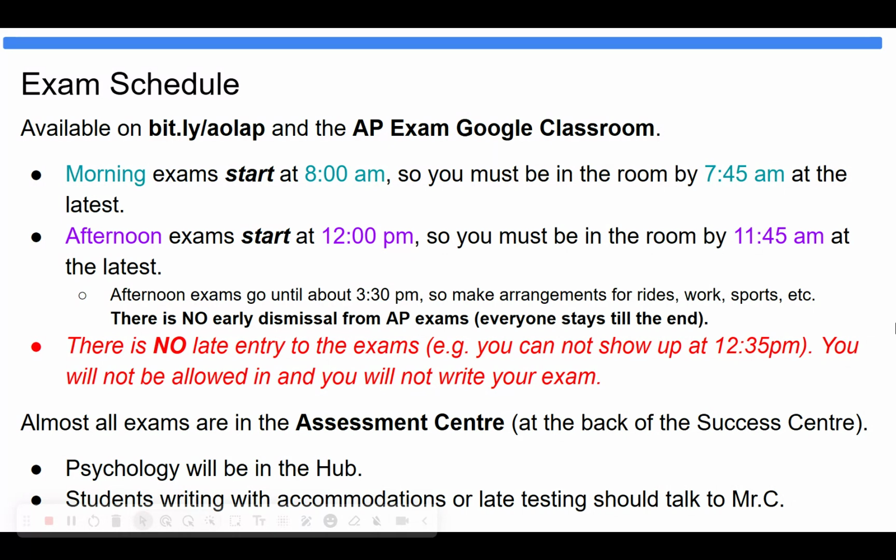It's not like you're done the exam and you leave. Everyone has to stay till the end. Again, this is College Board policy, so just make sure that they understand you're going to be there till about 3:30. That's why we want to get you going as quick as possible so that everybody gets to leave as soon as possible. And again, I emphasize again, there is simply no late entry for any of the exams.